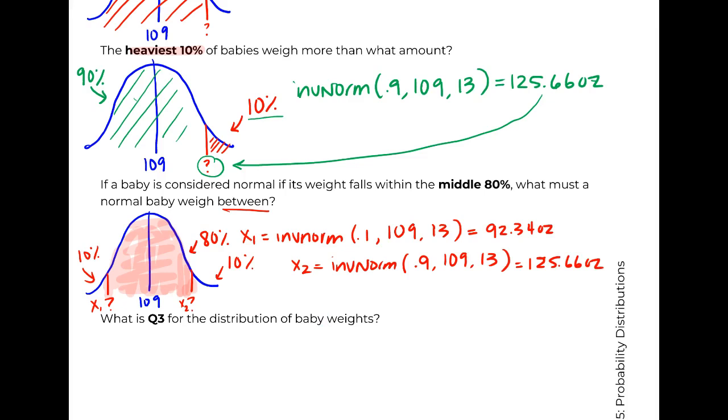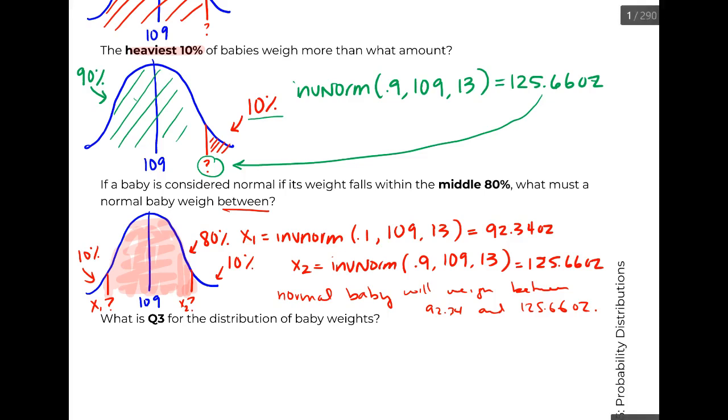We end up saying that a normal baby will weigh between 92.34 and 125.66 ounces. Sometimes it helps to write this out as a sentence to double check. Be aware you don't need to subtract these. I always get students who want to go a little bit too far and do a subtraction to find that range. We actually want those two cutoffs.